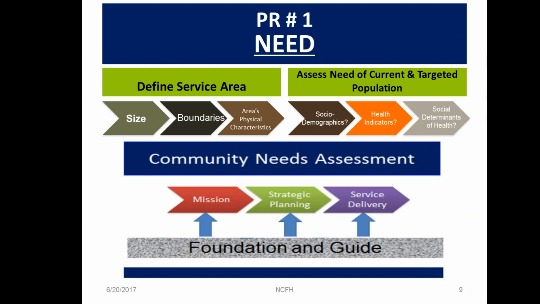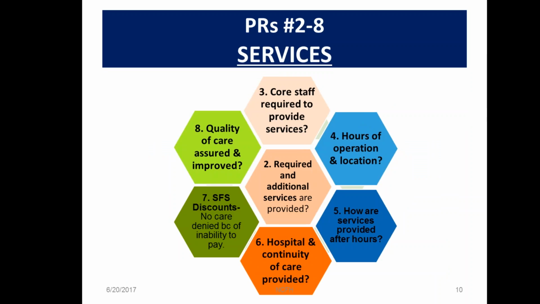So as we move into the second category, I'm just going to summarize program requirements number 2 through 8, because this is really about governance, and it's important that governing board members understand what these 7 program requirements are and understand the detail that goes behind these brief phrases that summarize them.